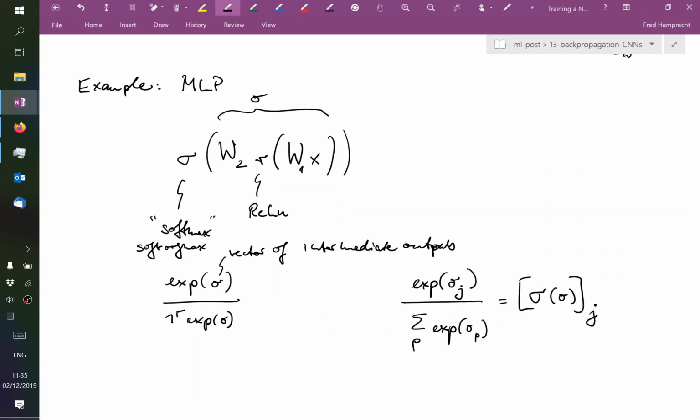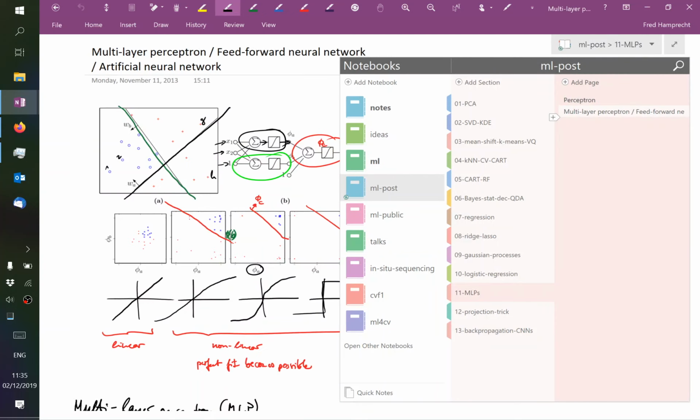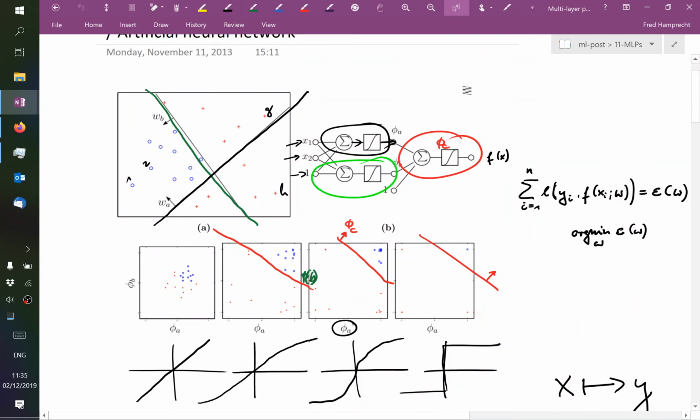Okay, maybe we should have a sketch. So in the multi-layer perceptrons, let's go back to last time. It depends on how many classes I want to predict. So if I want to predict just 2 classes, then I can have here in the final layer just 1 perceptron. Or if I would like to have a more symmetric representation of the neural network, then I would have 2 perceptrons here.